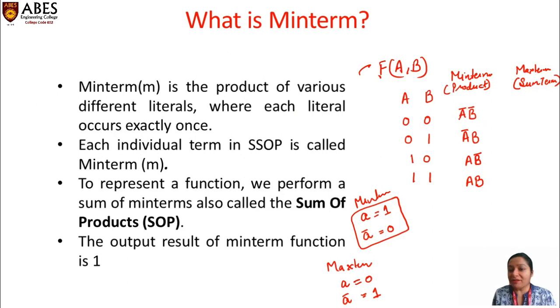Here both literals are complemented. Here A is complemented, whereas B is in the direct form. This is how we form the min terms, also called the product terms.